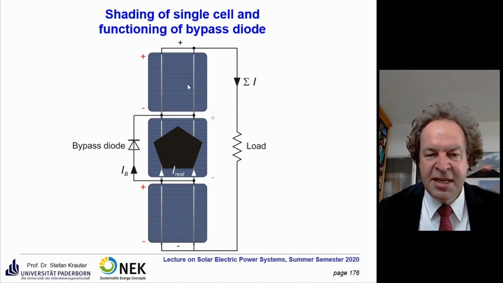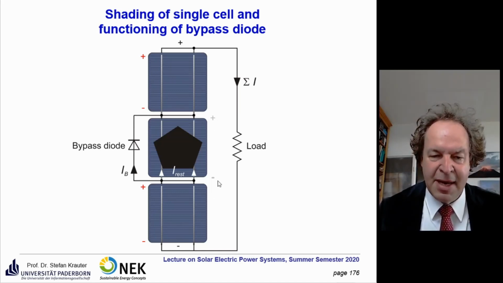Usually what happens here is you have first fully illuminated cells. So we have plus and minus from the first cell, plus and minus from the second cell, and plus and minus from the third cell, so all the voltages add up. The current is all the same. And now we have this leaf on this cell, 75% covered, so the irradiance is drastically reduced. What happens?